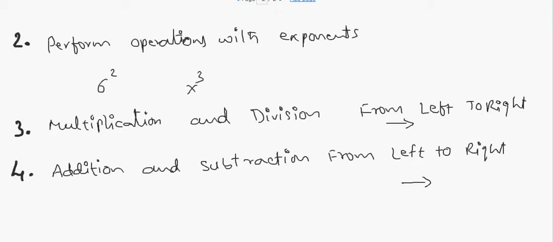So these are the four established orders of operations that we need to perform on an expression to evaluate the expression correctly.